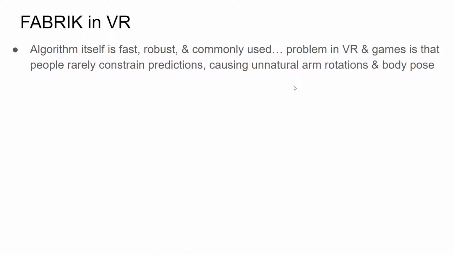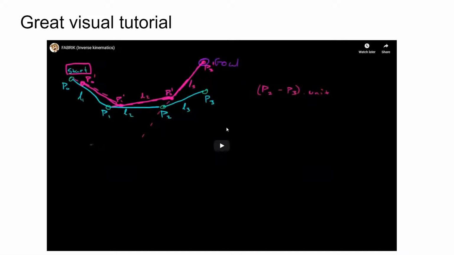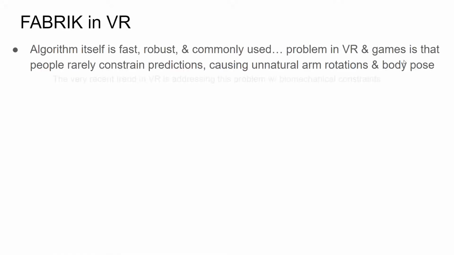So yes, FABRIK does preserve things like continuity, but by default what it doesn't worry about is something like can this limb actually rotate this much, or can it be this flat. I have better examples later with actual humans.